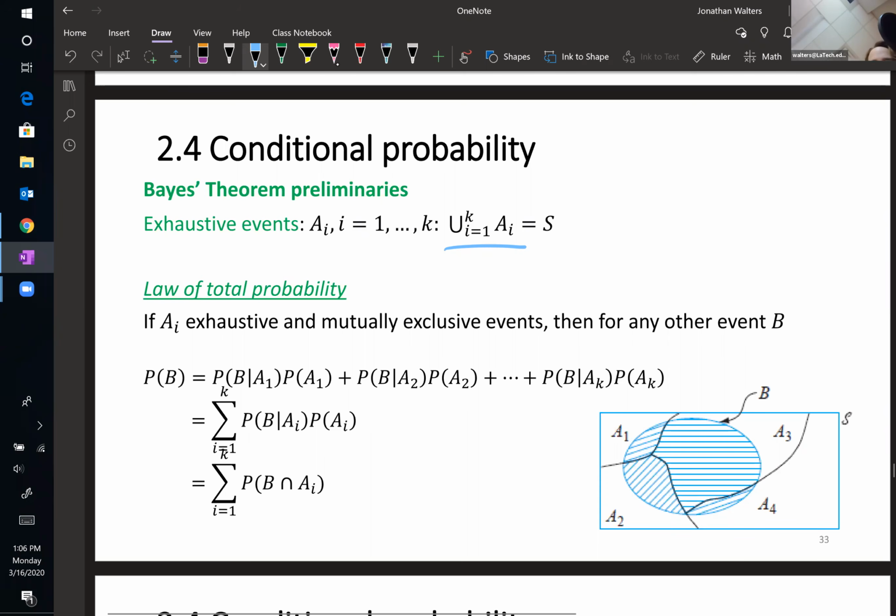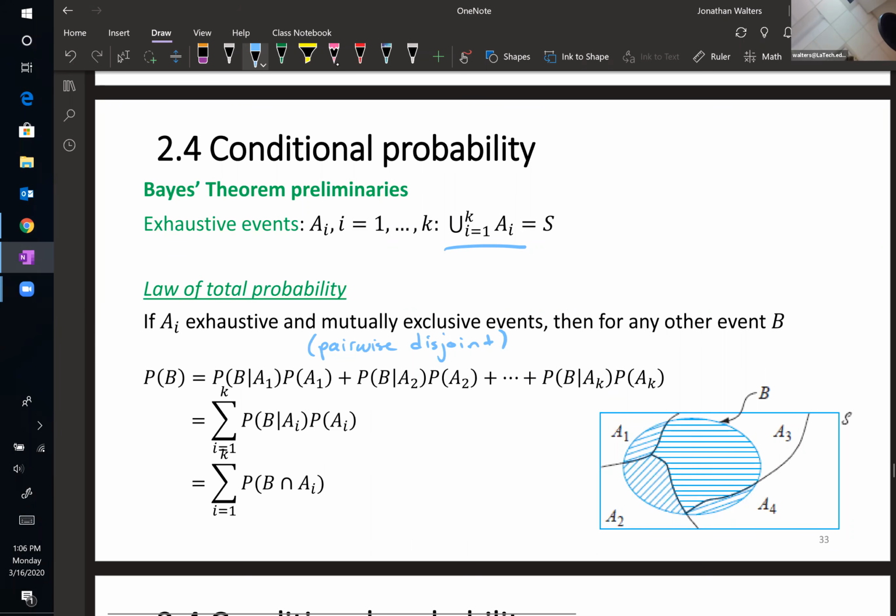Pairwise disjoint is another word for that. So you might see this term pairwise disjoint. No two have an intersection.